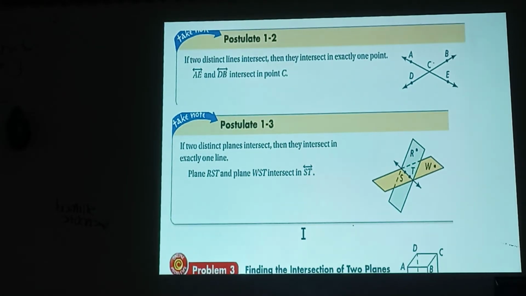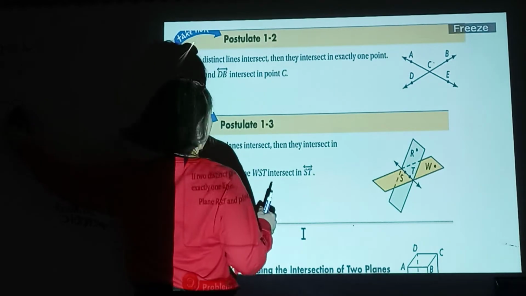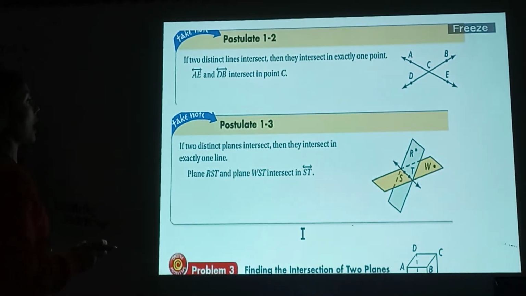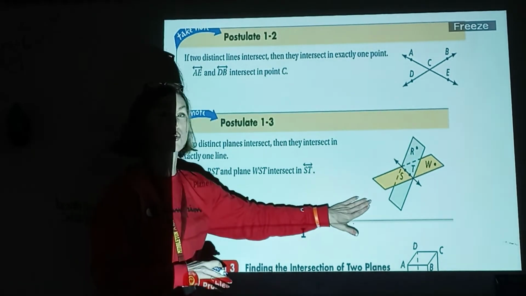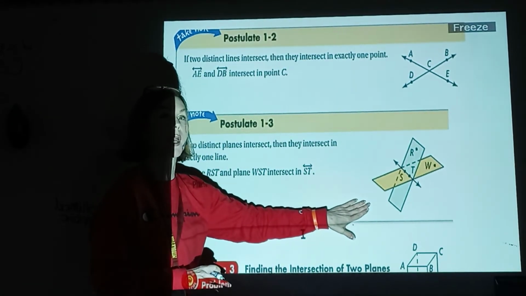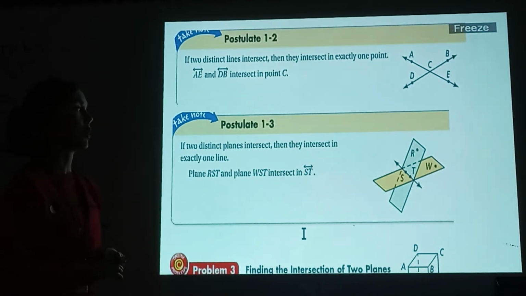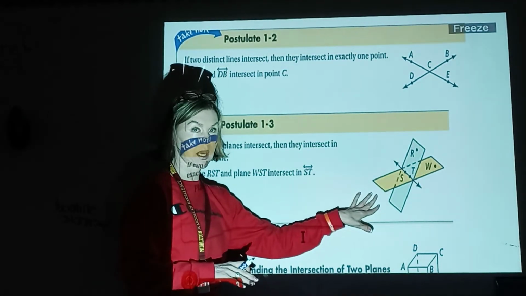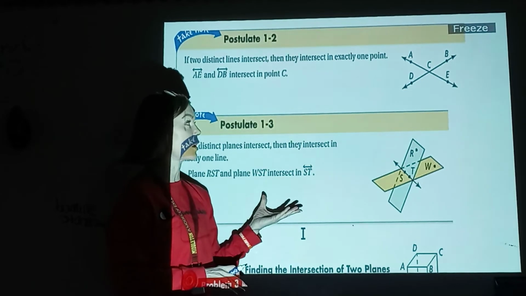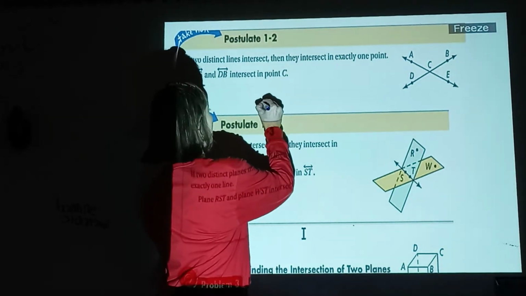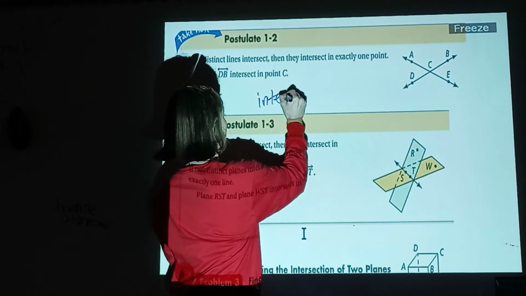We're going to write down these two right here, and we're going to discuss. Drawing something like this would be slightly difficult in your notes, totally fine, just do your best. What we're talking about here is intersection. So everyone write down intersection.